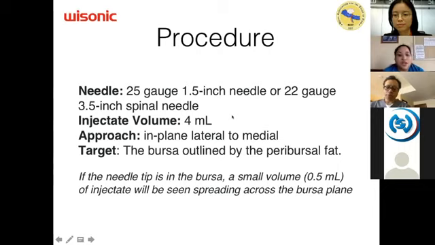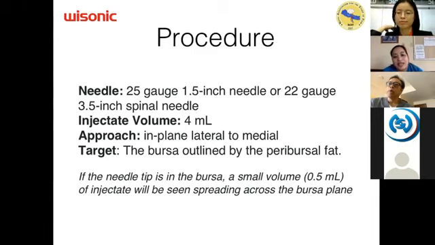For the procedure, I prefer a small needle because it's a very superficial structure, but much of the literature also mentions using a 22 gauge, 3.5-inch spinal needle. The injected volume depends; it can range from 4 to 8 ml, so you have to see how much pathology there is. The approach is in plane, lateral to medial.